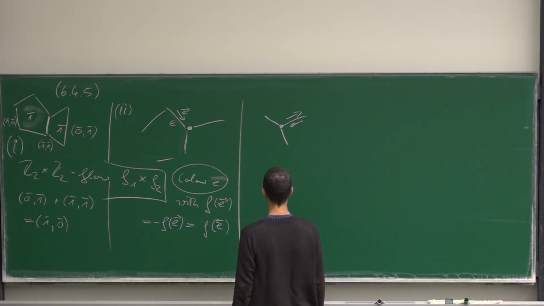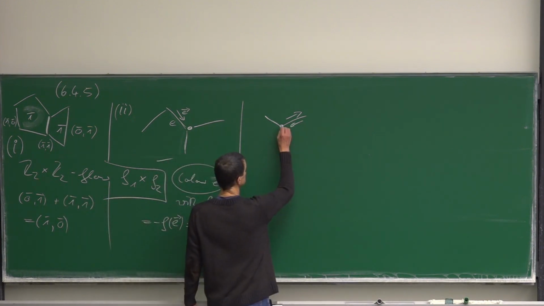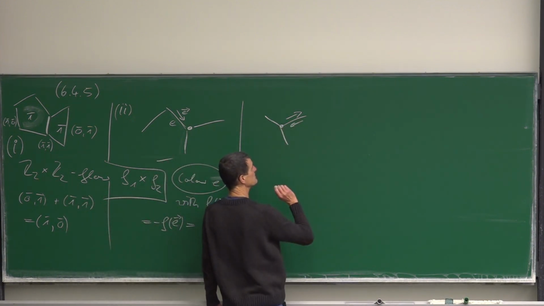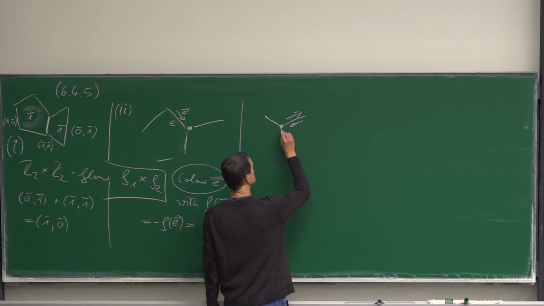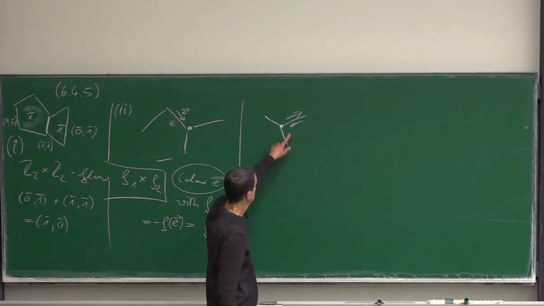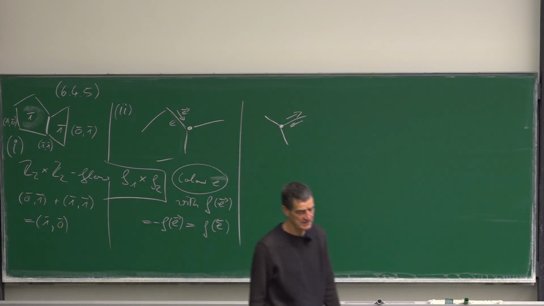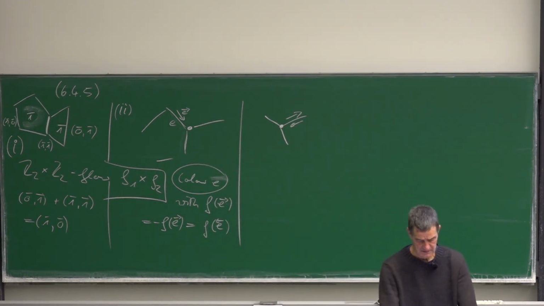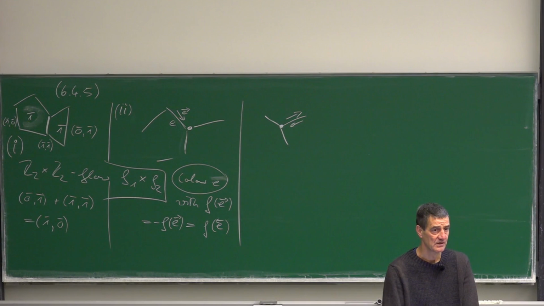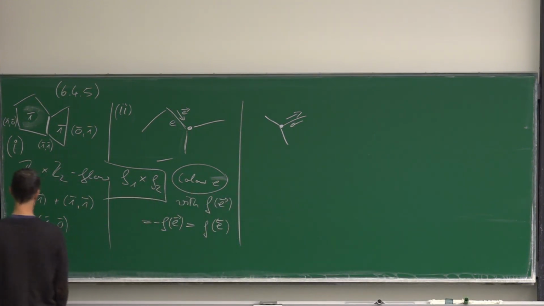We do have a flow because axiom F1 is clearly satisfied and axiom F2 is satisfied because these are the three different elements of this group.